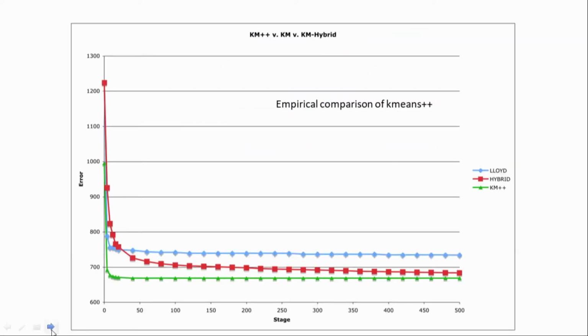So here is some plot that I took from Sergei Vassilvitskii's talk, right? Think of the x-axis as the number of iterations, and the y-axis as the k-means cost. So the y-axis should go down as I do more and more iterations.